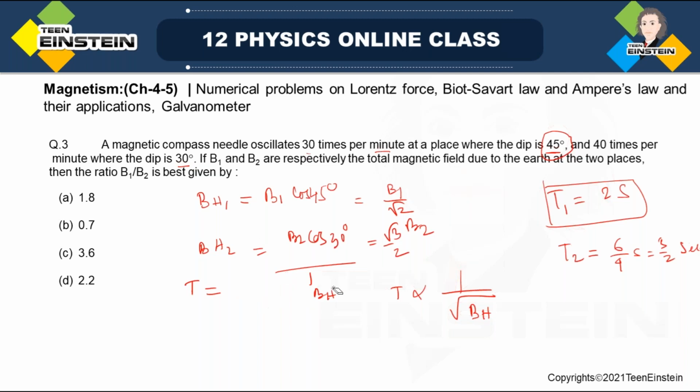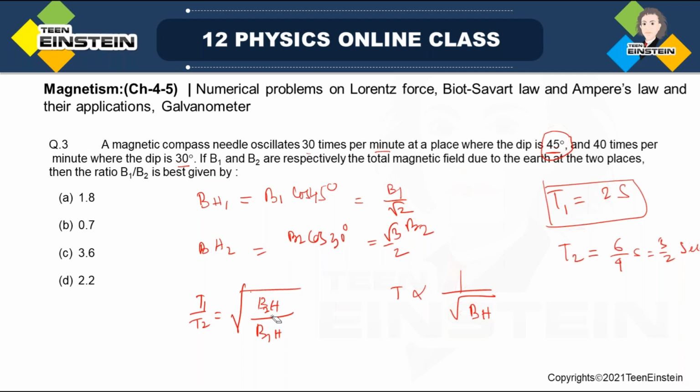Now what we can do from this proportionality relation is write T1 by T2 is equal to root over, sorry, this is not square, B2H by B1H.